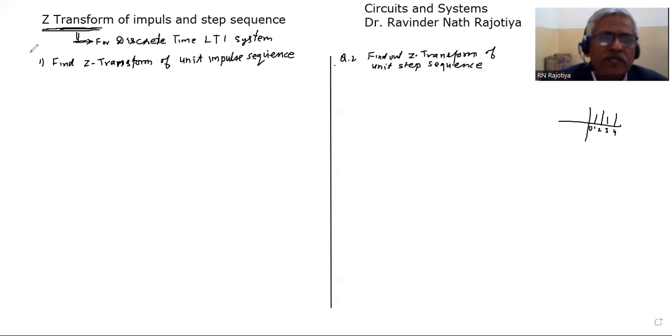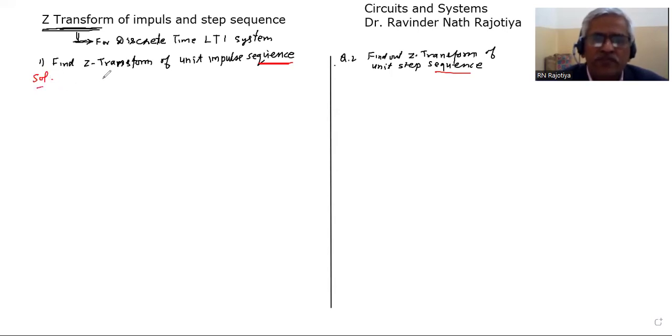It should be very clearly noted, while discussing a topic on the Z transform, that the question itself clearly says it is a sequence. Let me underline it. And hence, we need to find the Z transform. Let's see the solution.